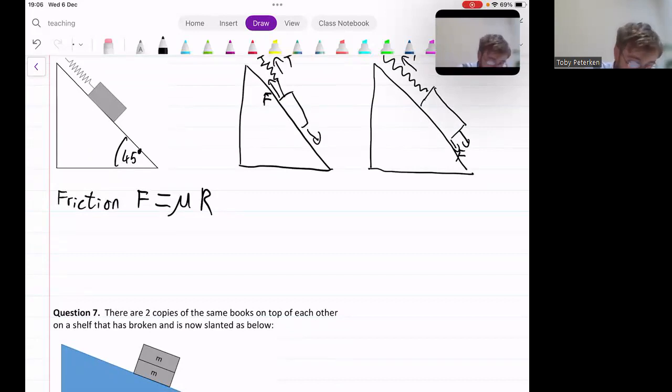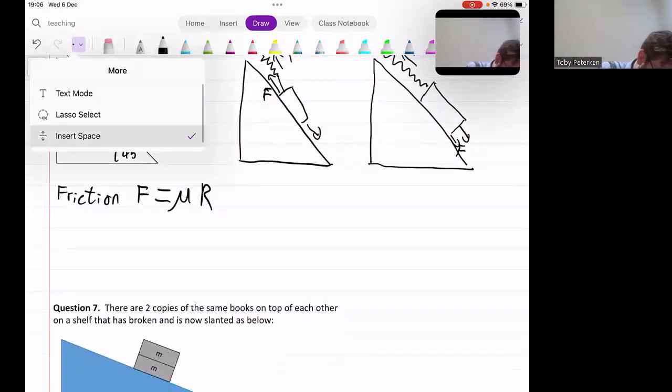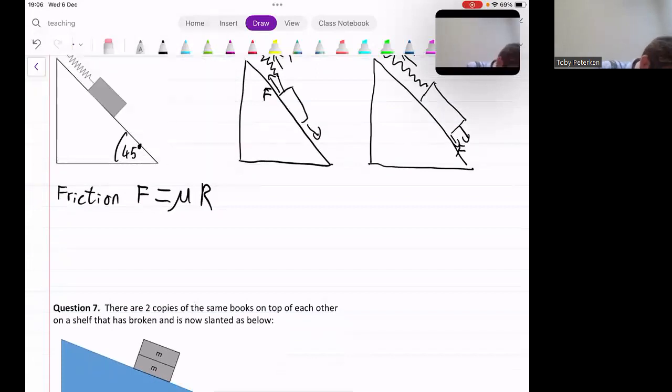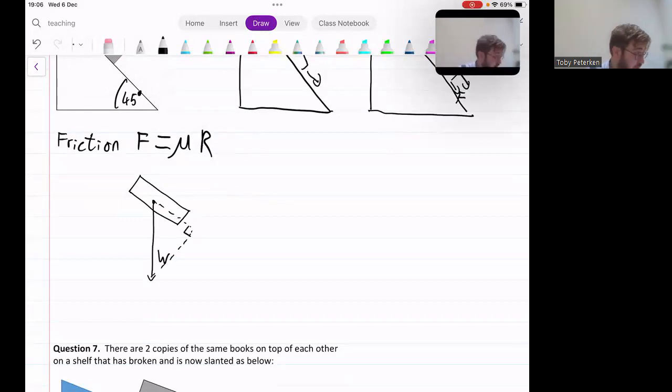So, let's look at forces in the direction parallel and perpendicular to the slope. So the weight of the block, here's our block. We have weight, and we can split this up into parallel and perpendicular components.